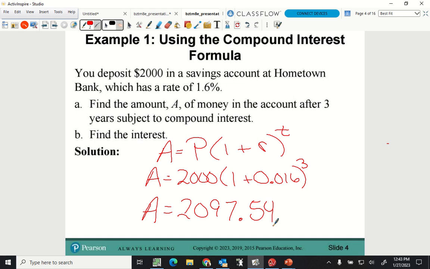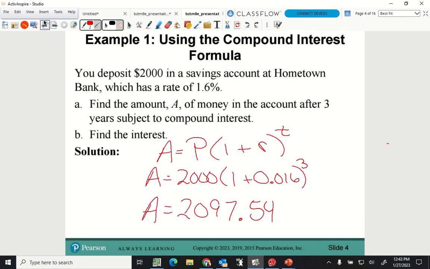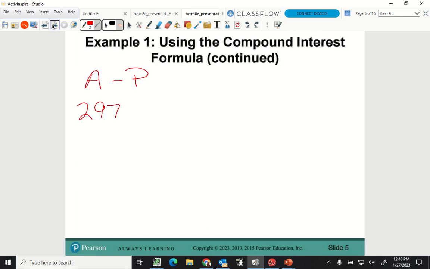To find the interest, I would do A minus P. The A, which is my amount, my future value, is 2097.54, minus 2,000, which is going to give me $97.54.